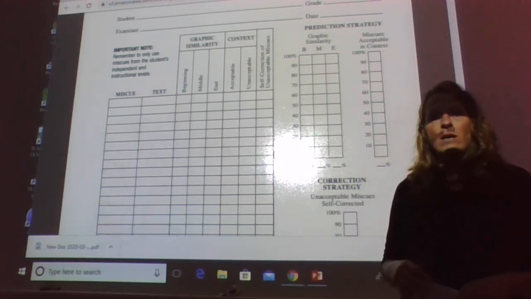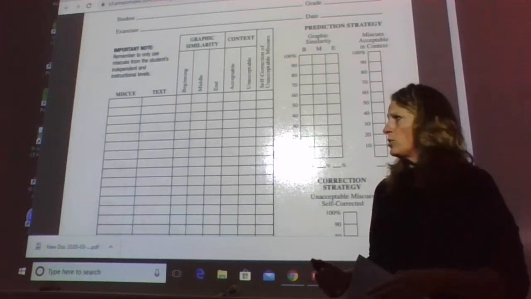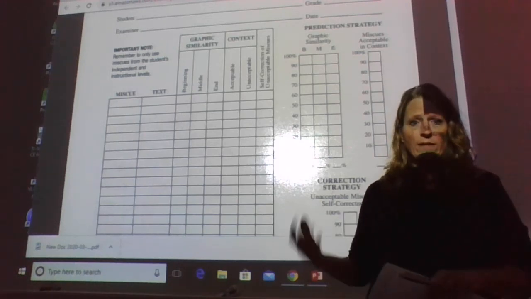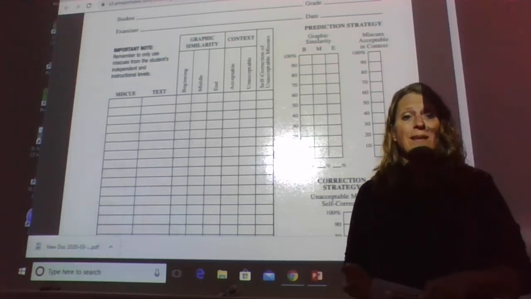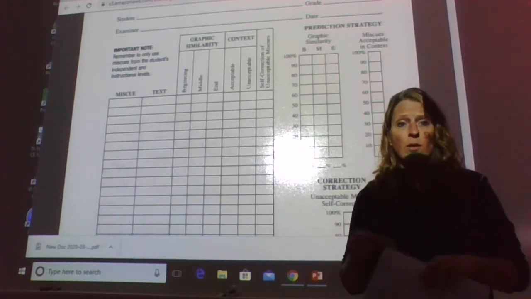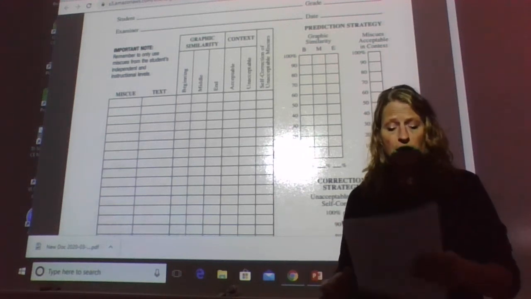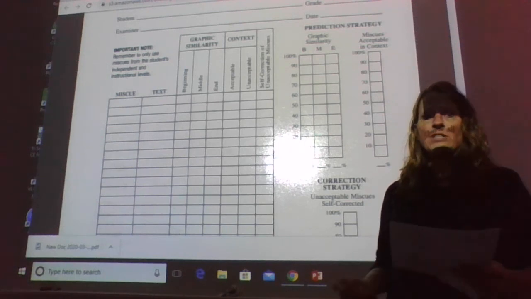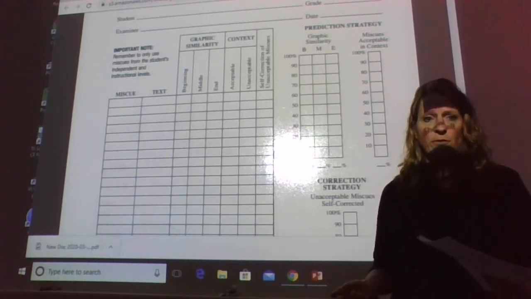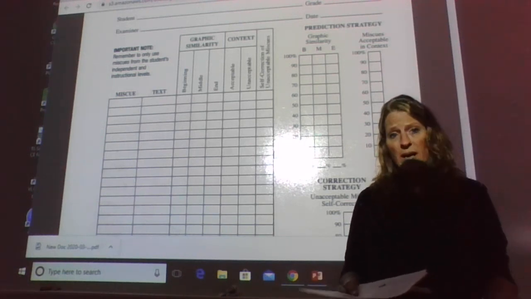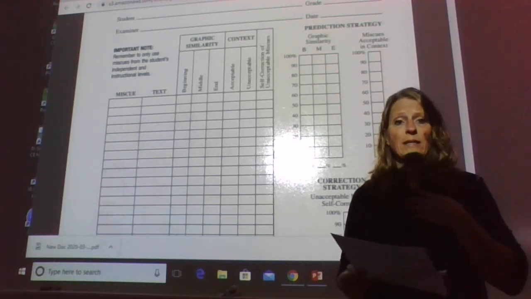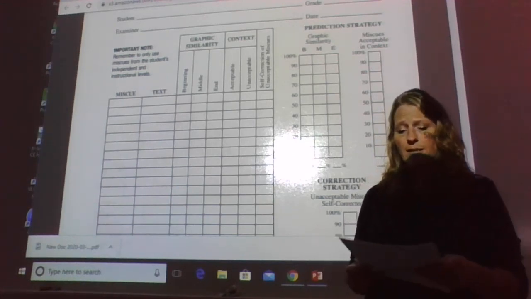But using our sample student, I do want to show you how to get this form started, and then you'll be able to see the completed form also in Canvas. But for the first error, if you remember, Kirk said care for car, and we still have to go back to his passages because we're going to have to again look at, did that change the meaning or did it not?